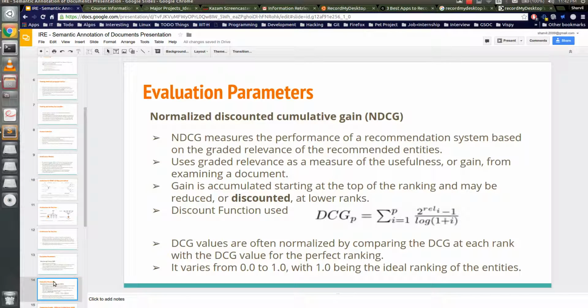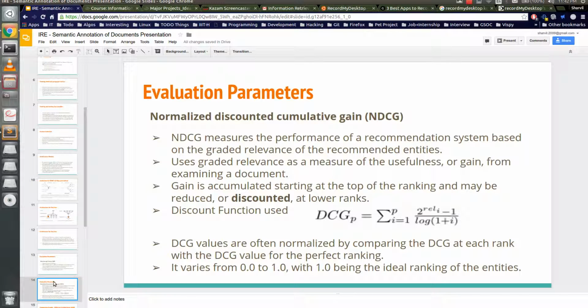The basic problem with MAP is that it is a macro average, as in it gives equal preference to each and every class or the different relevance functions. But NDCG gives a graded relevance of the recommended entities for a particular system. This helps us understand how much gain or usefulness the system gets from each data point.